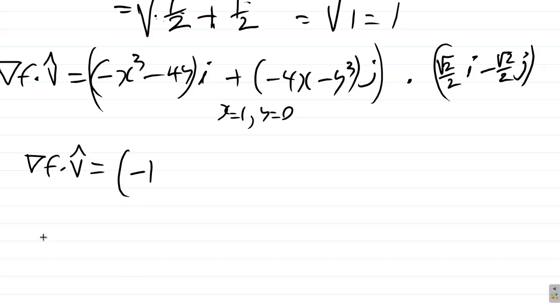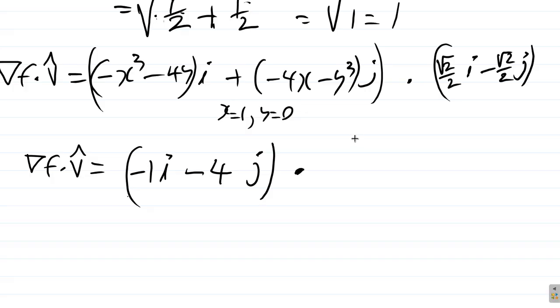Okay, so in this case, it's just negative 1 i. See that part? Then x is 1, so it's minus 4 times 1. y is 0, so this part goes to 0. So it's negative 4 j. Alright? Nice. And you dot that with this.